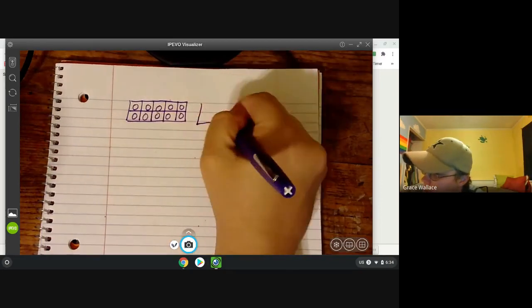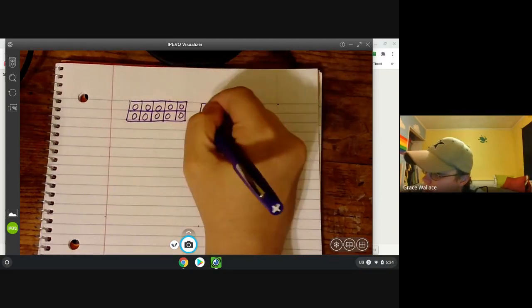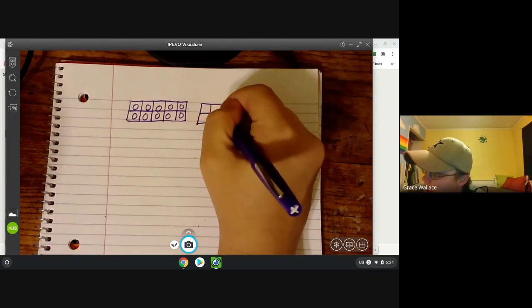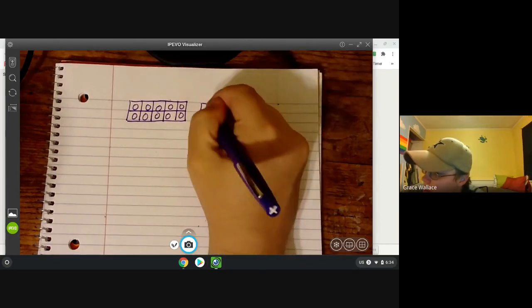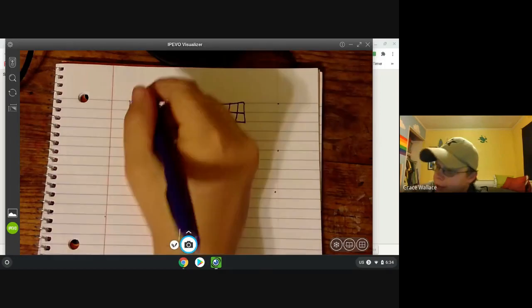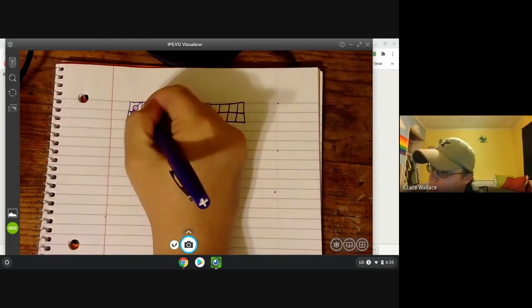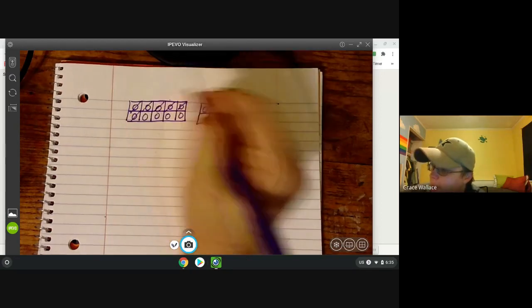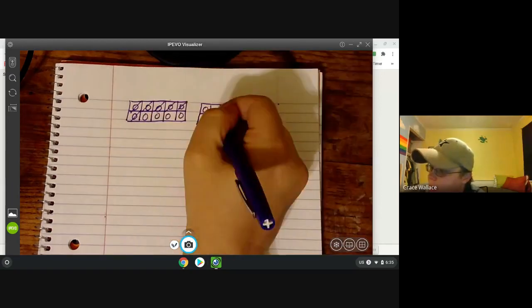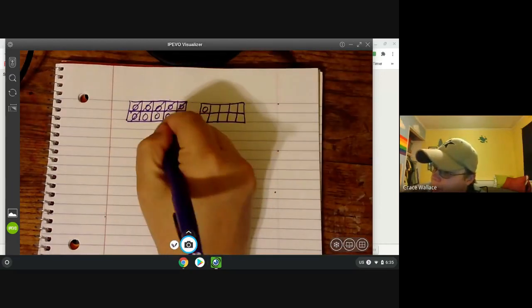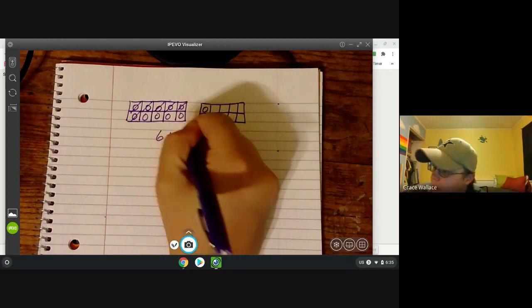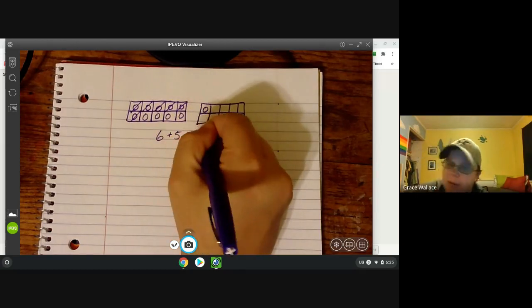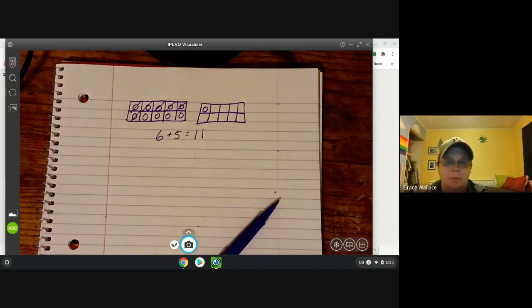I'll put them right next to each other so I don't waste too much room. And it says they use 6 of them. How many do they have left? Well, 4 plus 1 is 5. So the addition sentence would be 6 plus 5 equals 11.